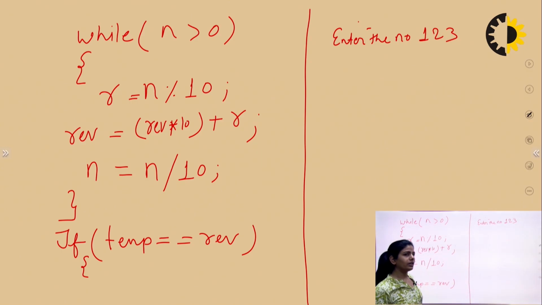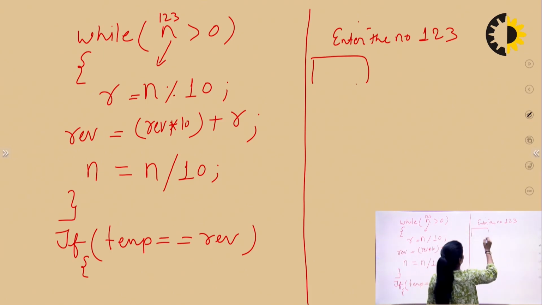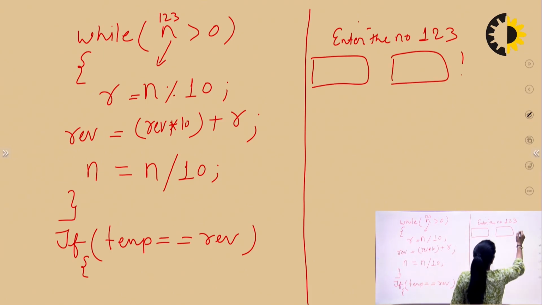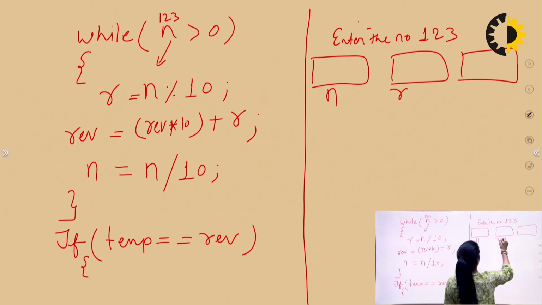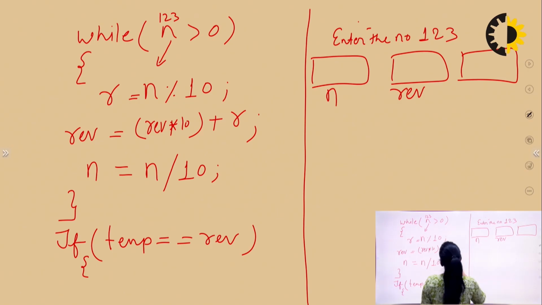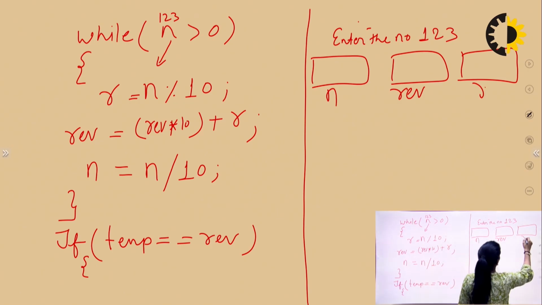Now our task is this number is palindrome or not. Okay, so this number can we apply here. 1 2 3 is greater than 0. Yes, this condition is true. Inside, now here we can assign 3 blocks. First is N, second is REV reverse, and third one is R.